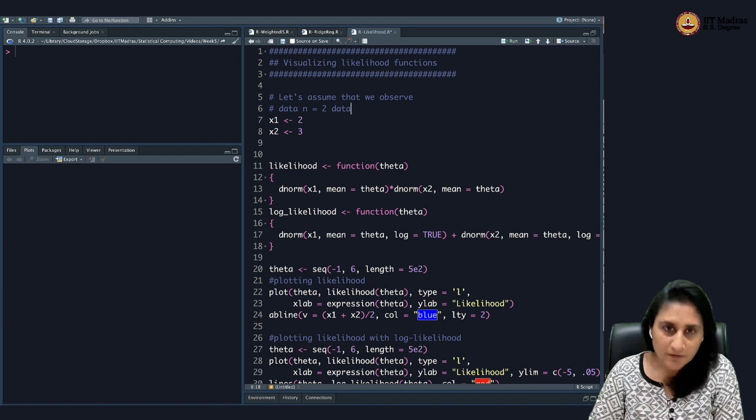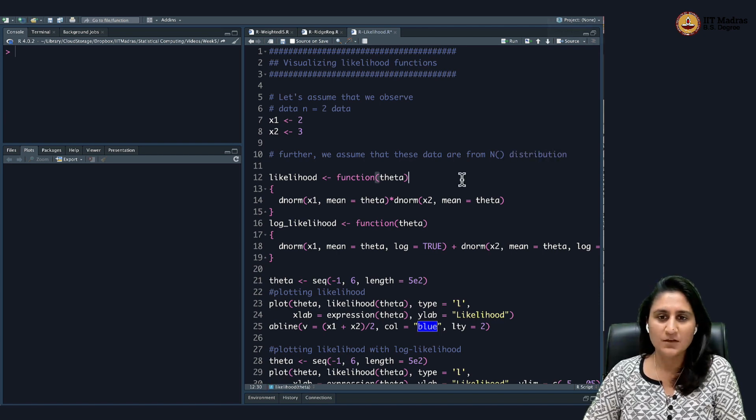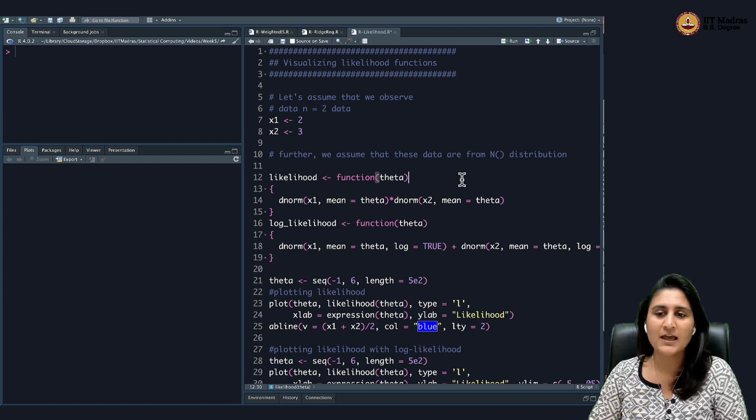Further, we're going to make the assumption that these data are from a normal distribution. So there are two data points, and we are assuming that they are all coming from the normal distribution.